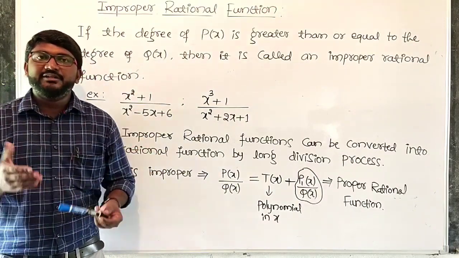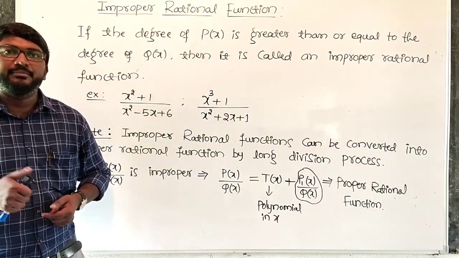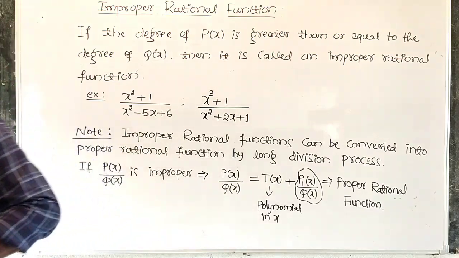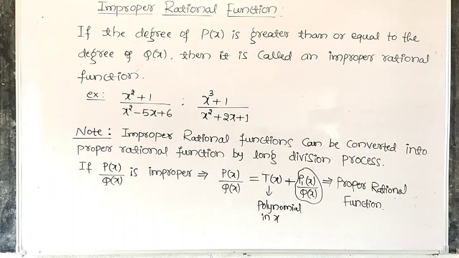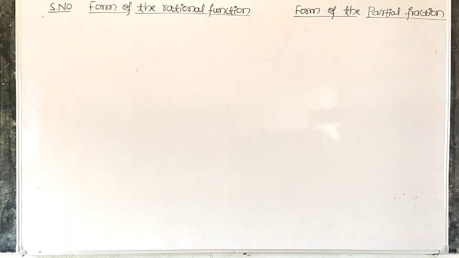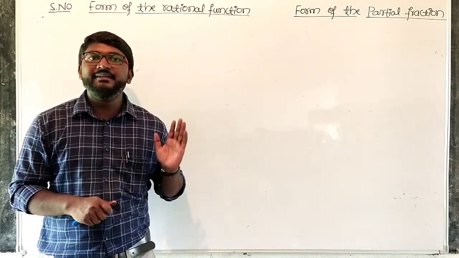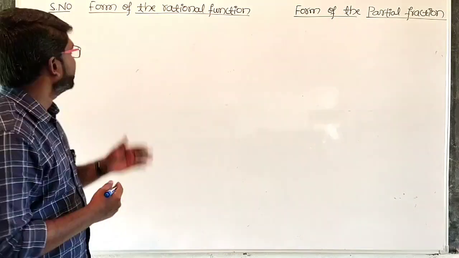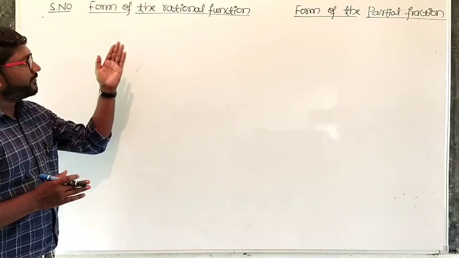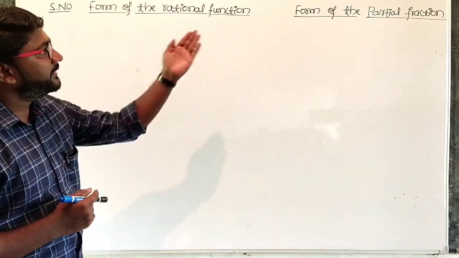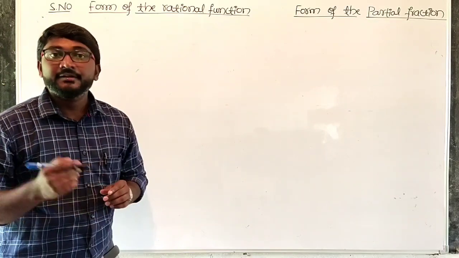So next we are going to write an important table regarding this concept. See here, it has a serial number, the form of the rational function, and then the corresponding form of the partial fraction.